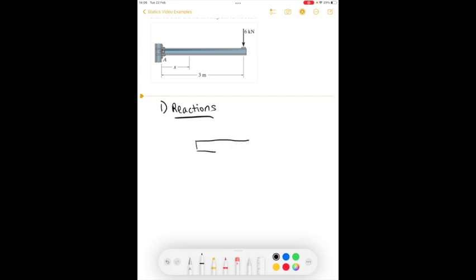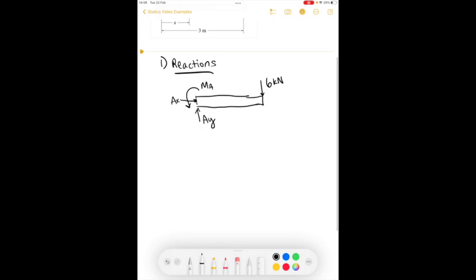So in our free body diagram, we can start with the external force. And here we have a potential moment, a potential X force, and a potential Y force. And so we have to solve for them. Solving for the forces in the X direction, AX equals 0.